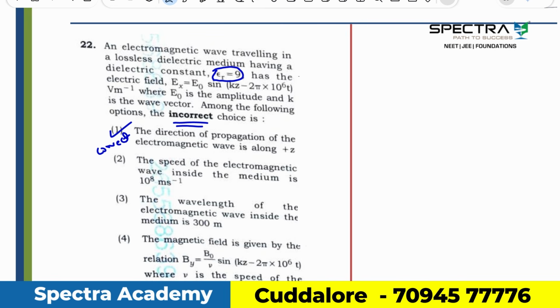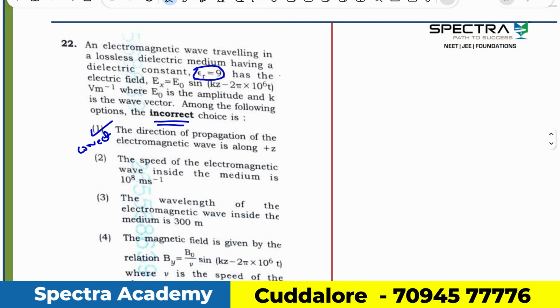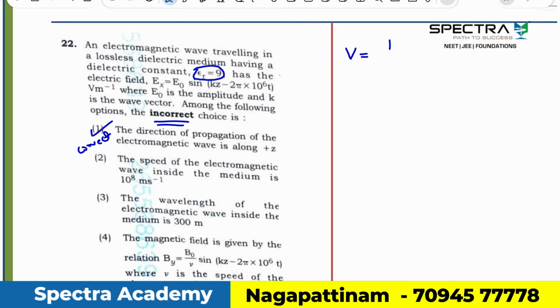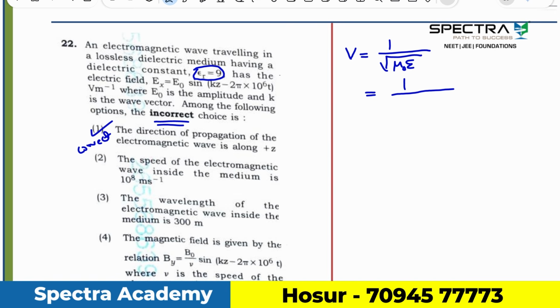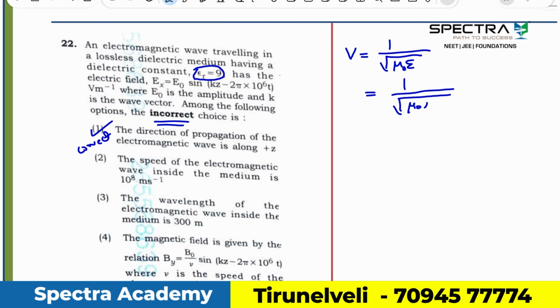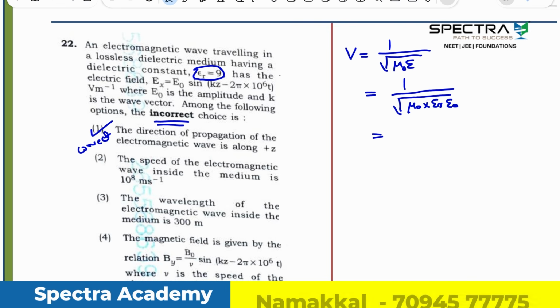Now next, the speed of the electromagnetic wave inside the medium is 10 power 8. You know the speed. How to find the speed? 1 by root of mu into epsilon. If you substitute this, mu remains mu naught because it's a lossless medium. So it is mu naught epsilon r epsilon naught.